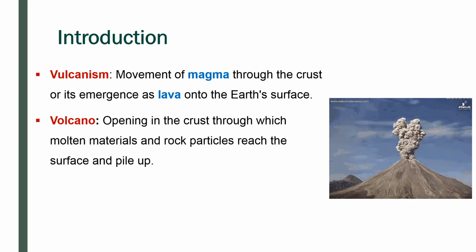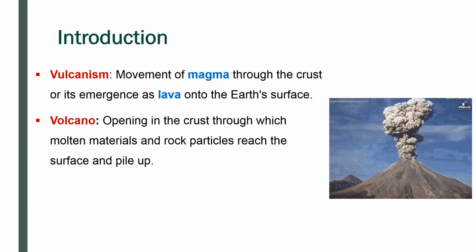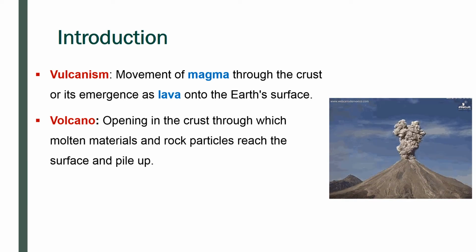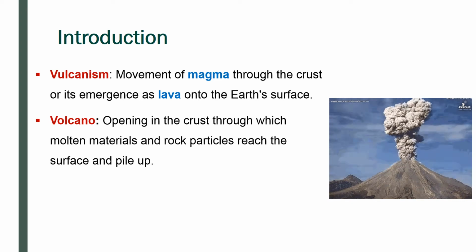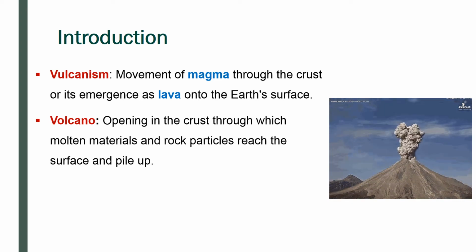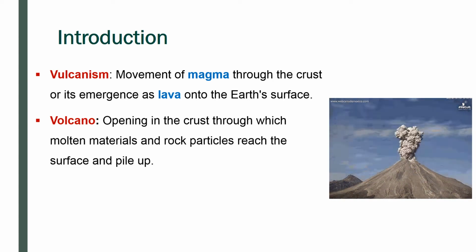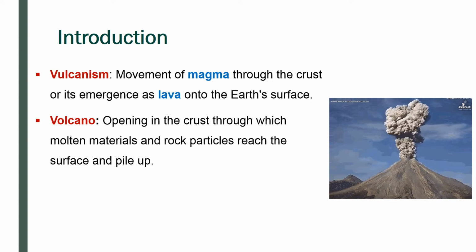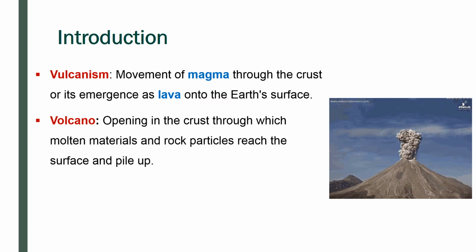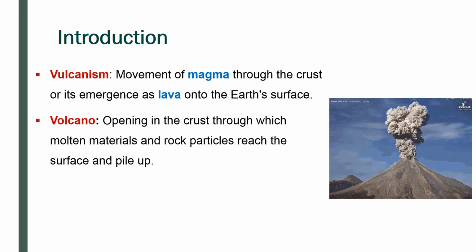And volcano is an opening in the crust through which this molten lava or this molten magma comes out, and rock particles reach the surface and pile up. Pile up means creating like mountains.